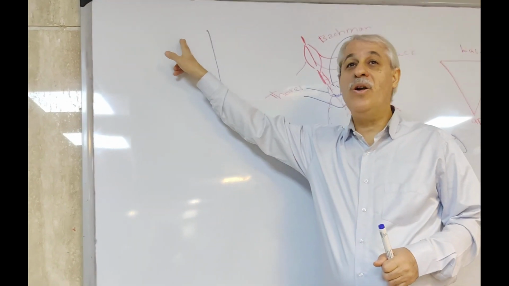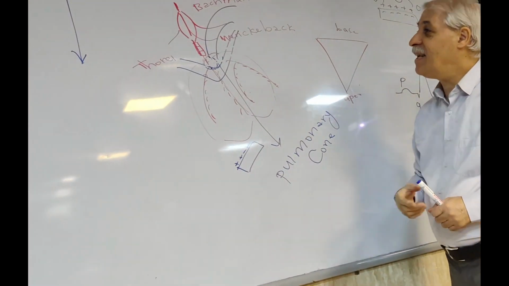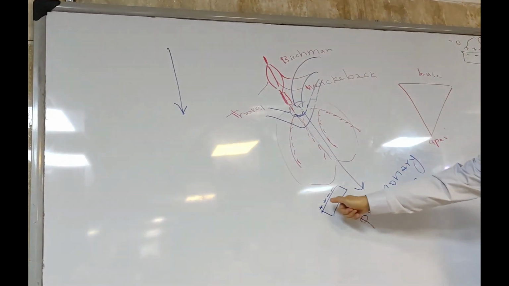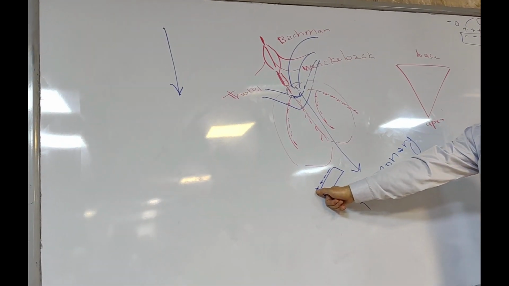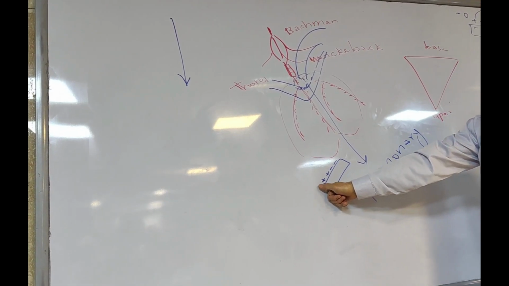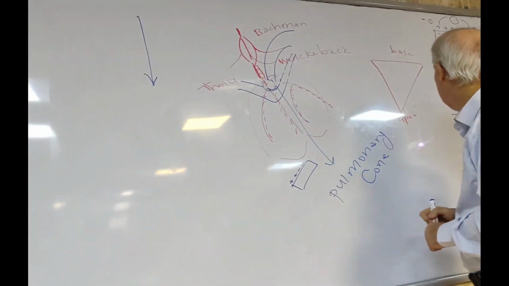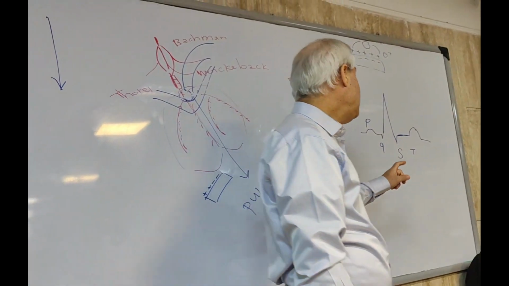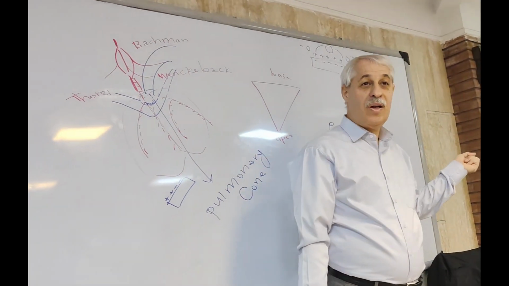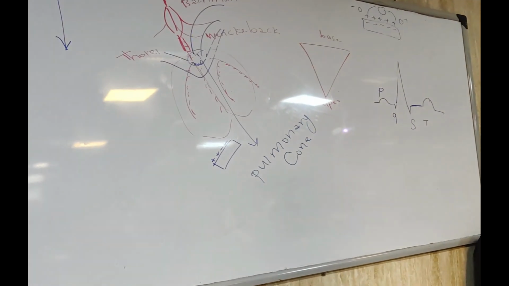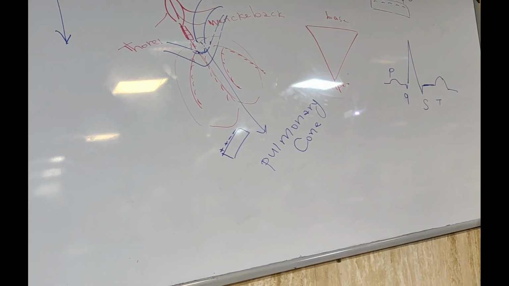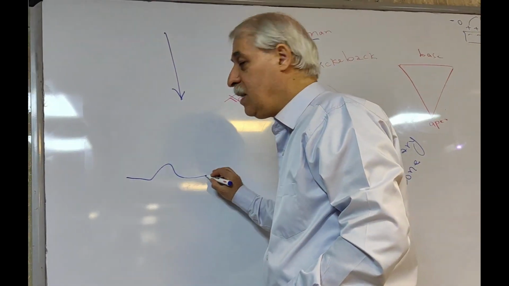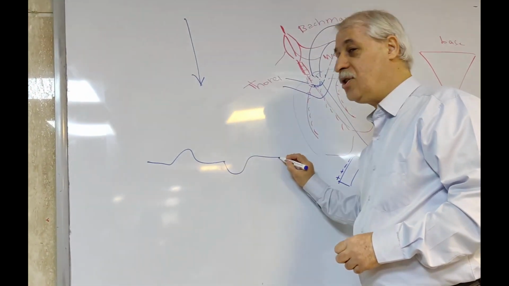The vector of repolarization here in both ventricles is directed to the positive end. So when the vector is directed to the positive end, again you will have a positive deflection. That is why ventricular repolarization unexpectedly has a positive deflection instead of a negative deflection. See, in the atria, this is depolarization, this is repolarization.